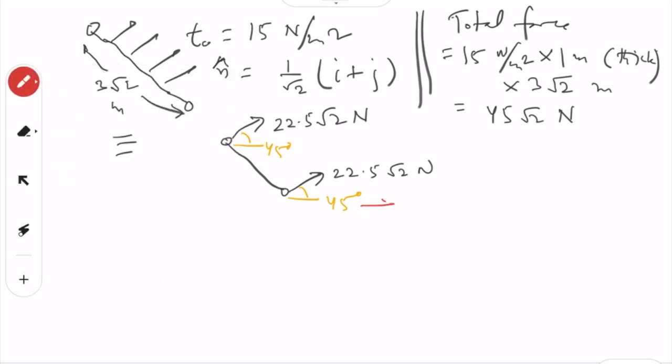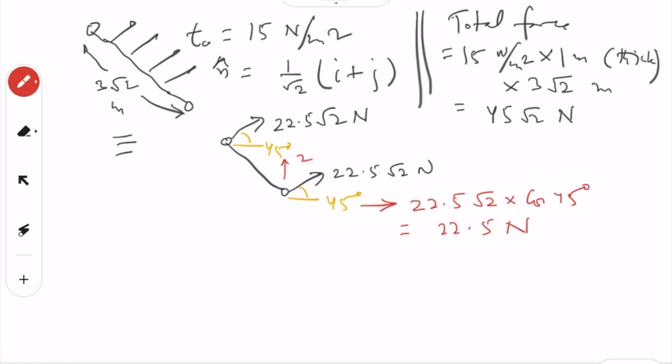So, one component will be 22.5 root 2 multiplied by cos 45 degree, so 22.5 Newton in this direction.